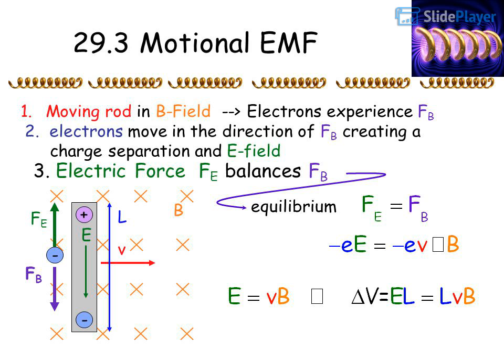Electrons move in the direction of FB creating a charge separation and E field. 3. Electric force balances FB. Equilibrium: qE equals qvB.